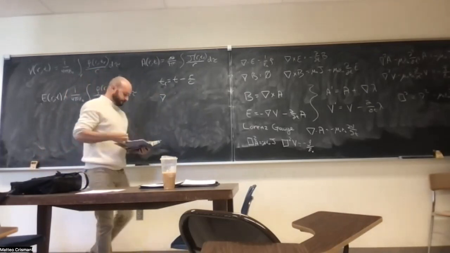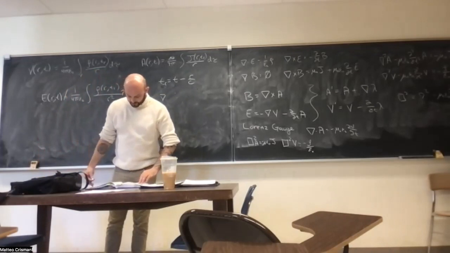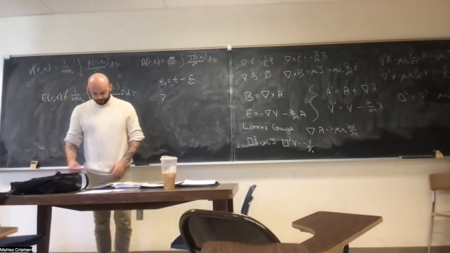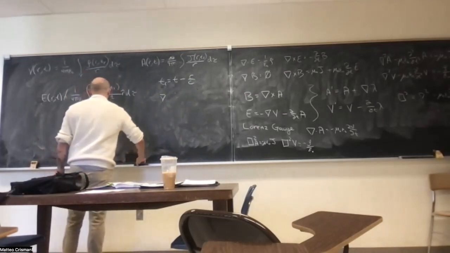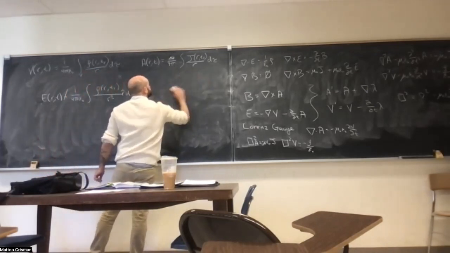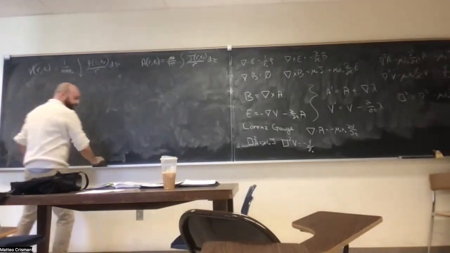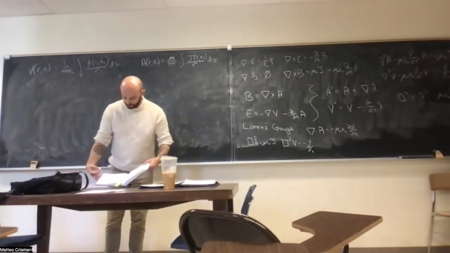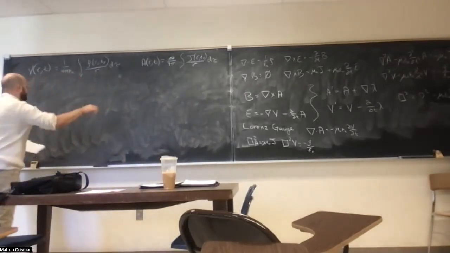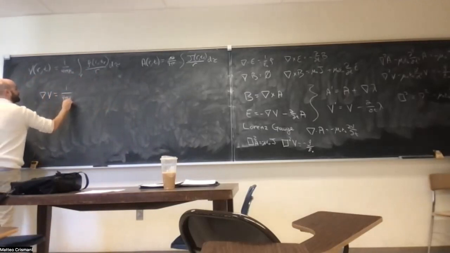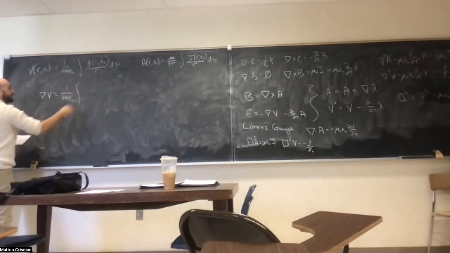Do I want to write it down? No, it's in your book. But I'll do it just because. So here's del V, written like that, and I'm going to put the del inside.